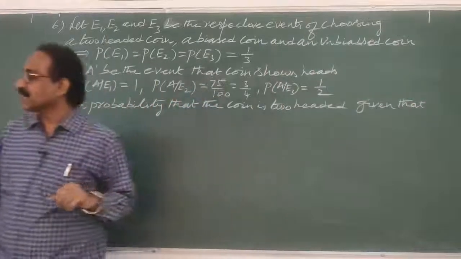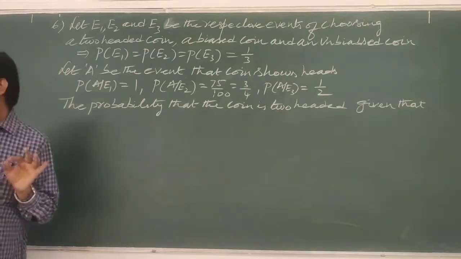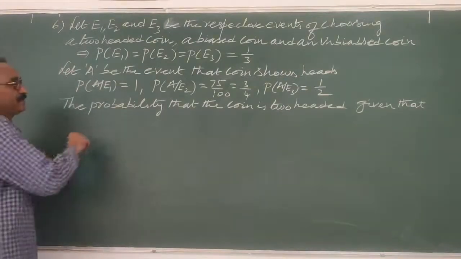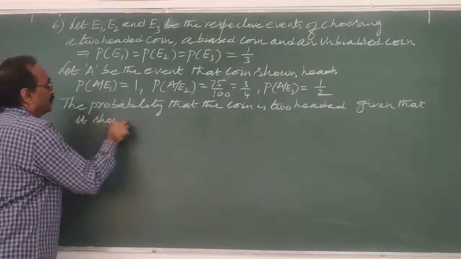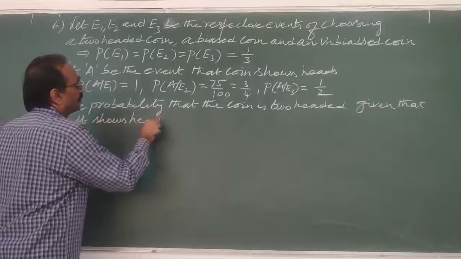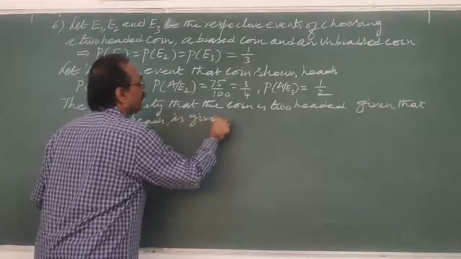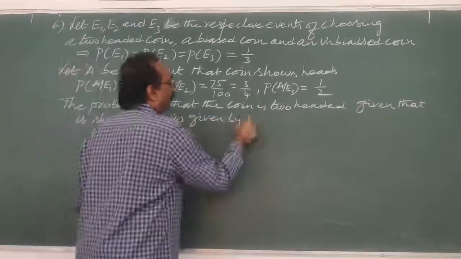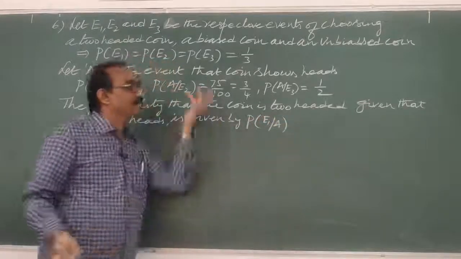Now what is given, what is being asked, that you have to see. Given that it shows head, the probability of the two-headed coin is given by, I will say, the reverse probability: P of E1 given A. Shows head means first event only.